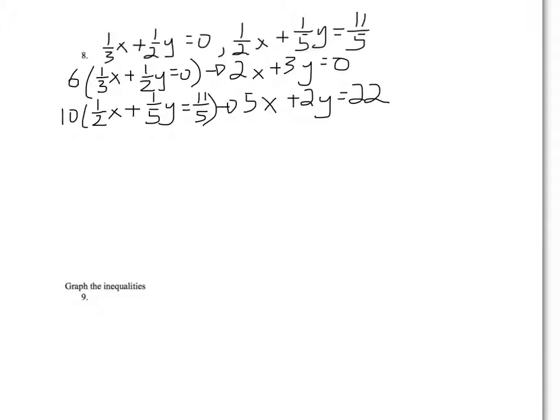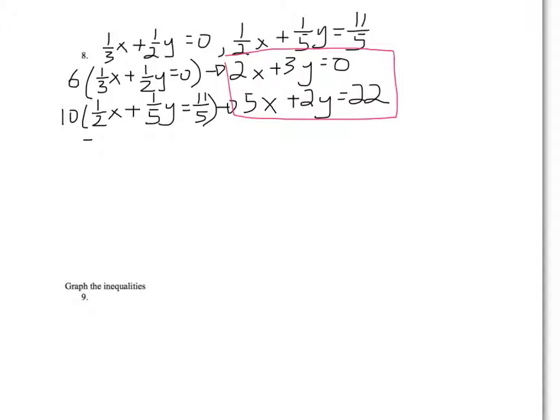So, looking at these two equations, I think it's going to be much easier to work with. Now, unfortunately, I think I'm going to have to multiply those by another number so that I can then use elimination. So I'm going to go ahead and multiply the first equation by 5.